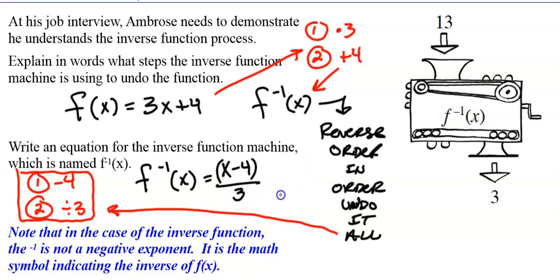And there's another way of writing that: f inverse of x is equal to x minus 4, and then we divide by 3.